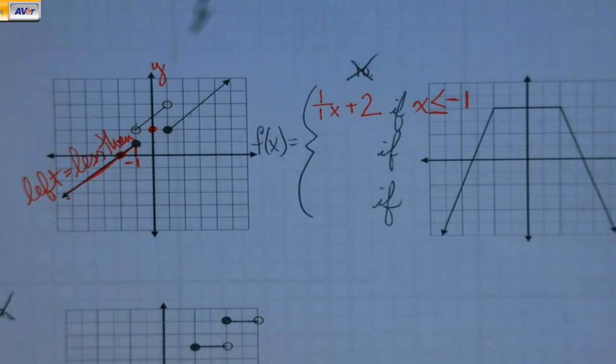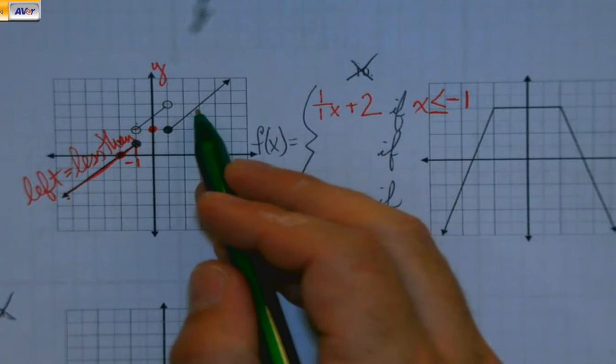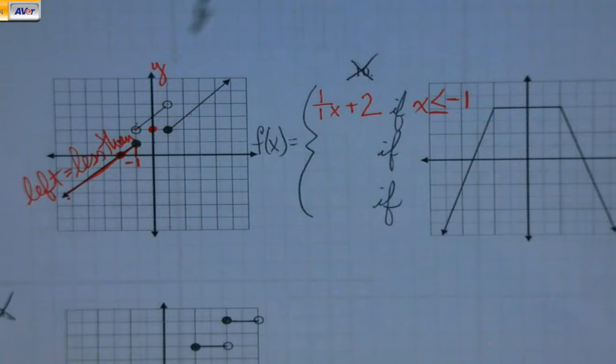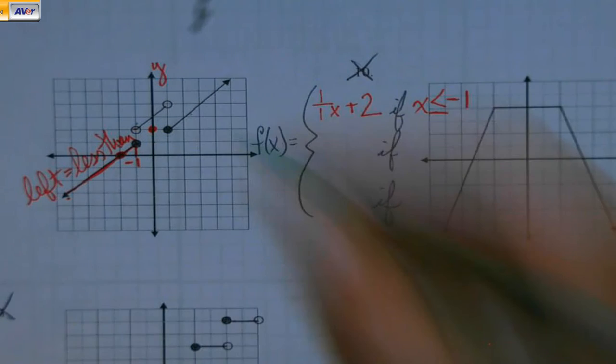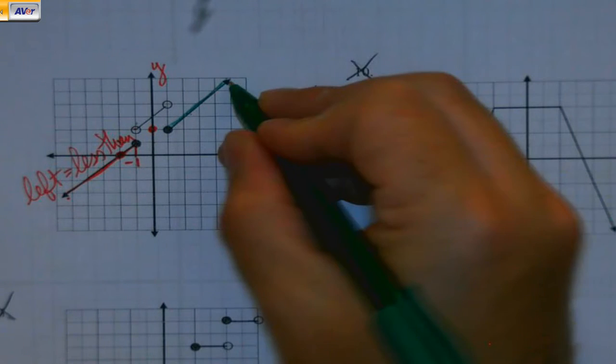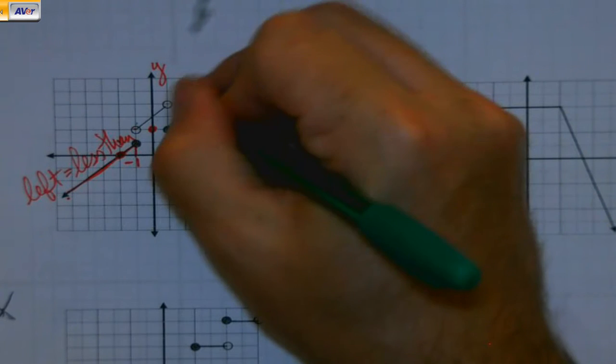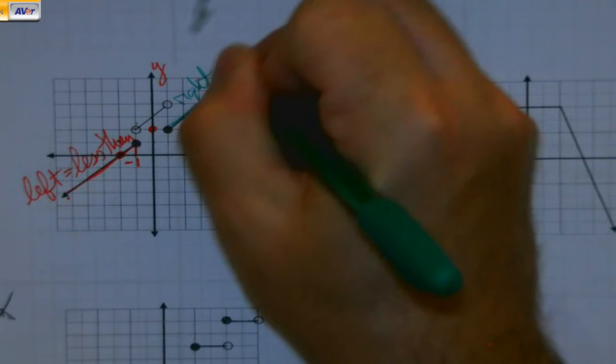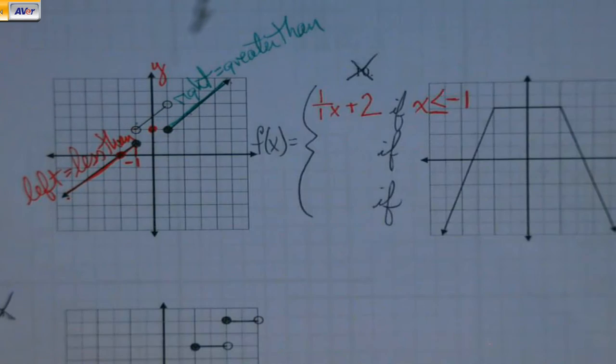And I'm going to do that same thing. I'm going to jump to this guy next. I'm going to save him for last because he's special. So I look here, and I notice my arrow's heading off to the right. Right is going to be greater than.